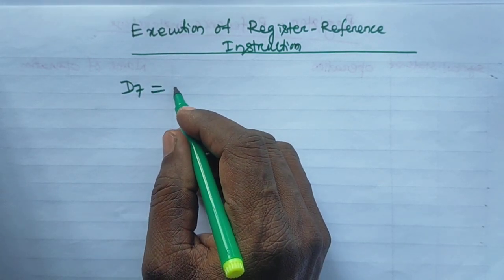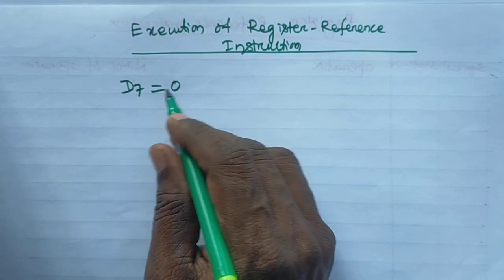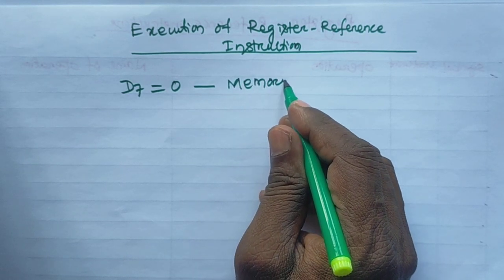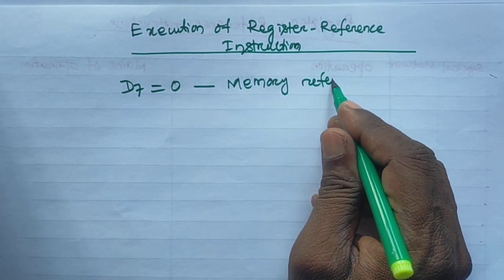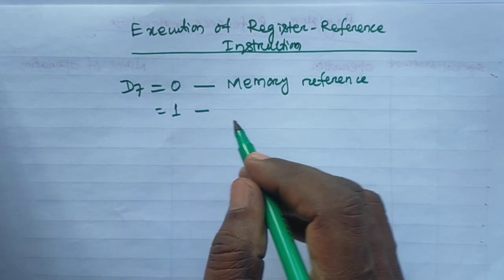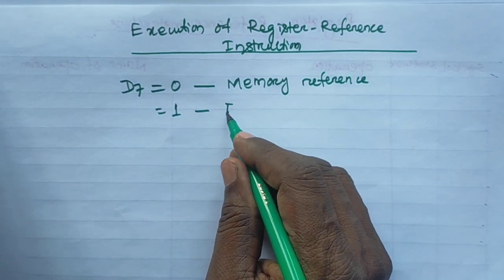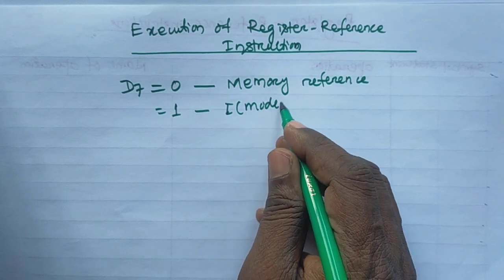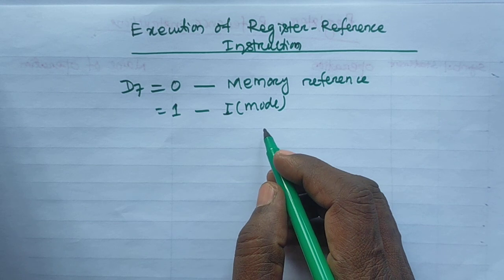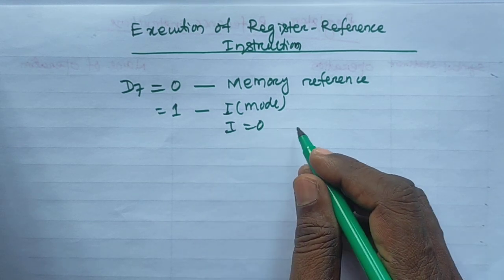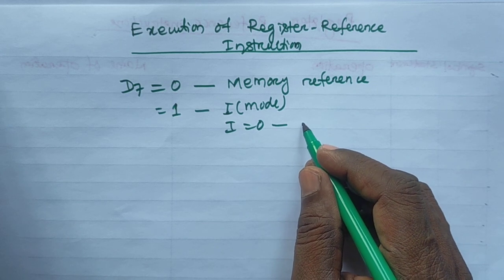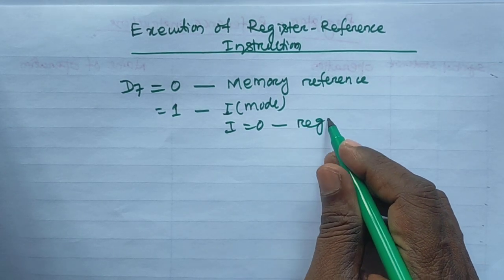If D7 is 0, it is a memory reference. If D7 is 1, then it depends on the I mode. If I is equal to 0, then it is a register reference.